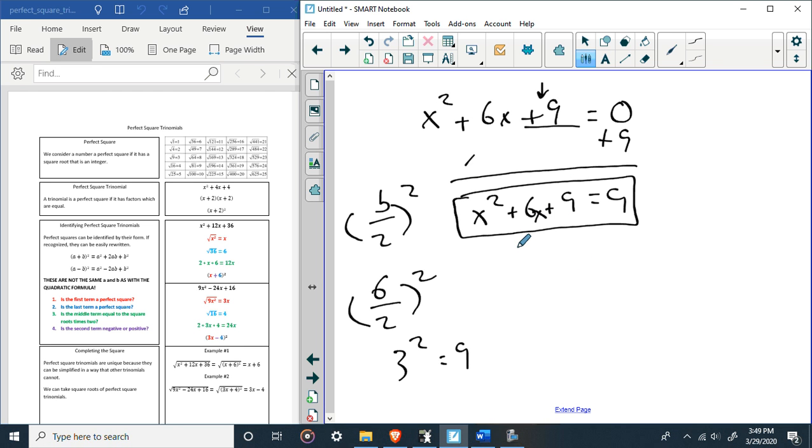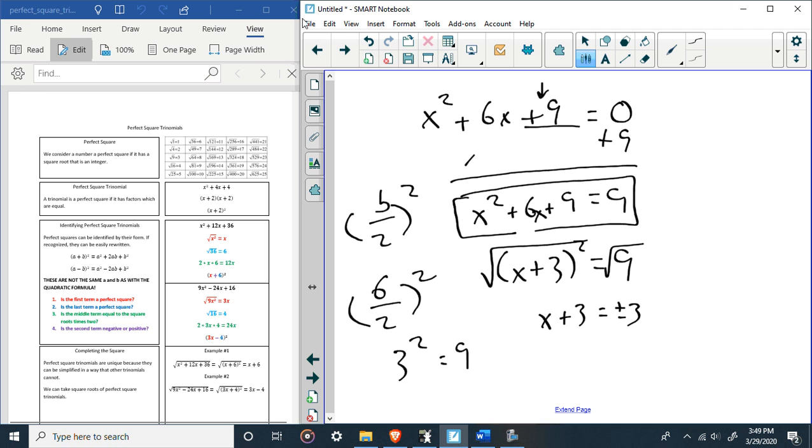I can say this is x plus 3 squared. Remember, we take the square root of this one, the square root of this one, and use the sign of the middle number. Well, good news for us, we can now take the square root of that, and now we can go ahead and solve, right?